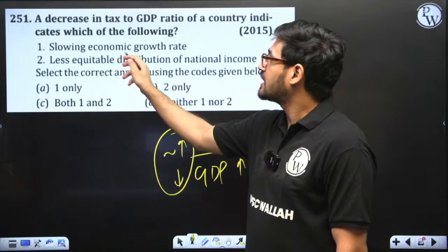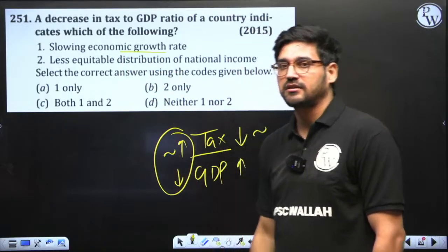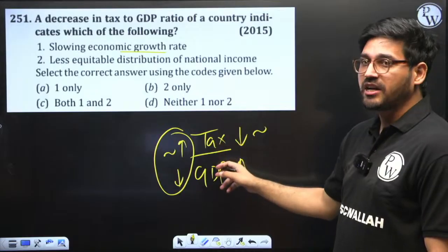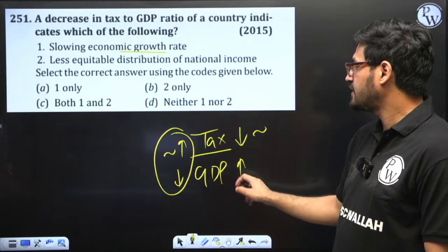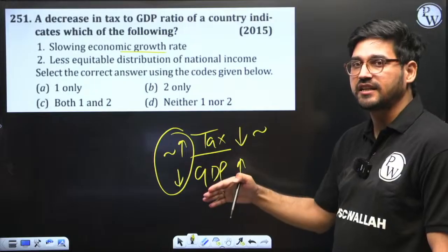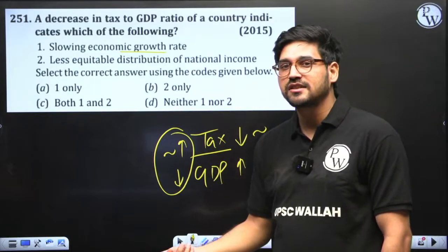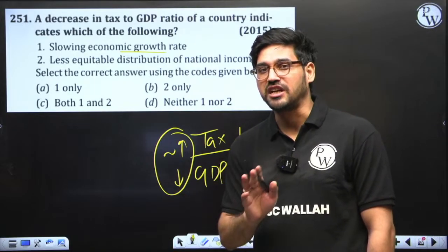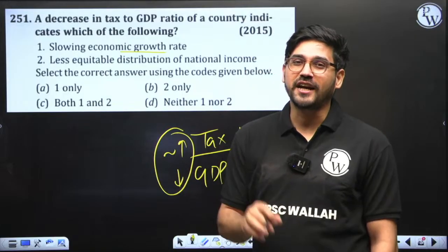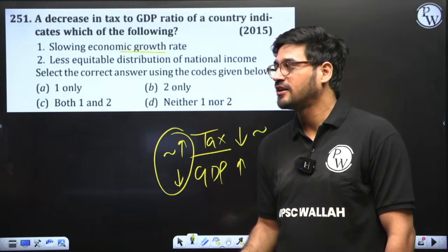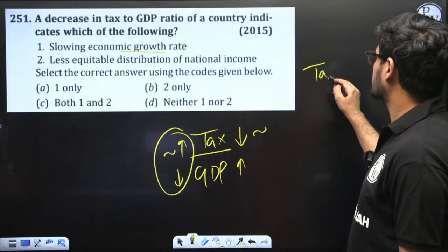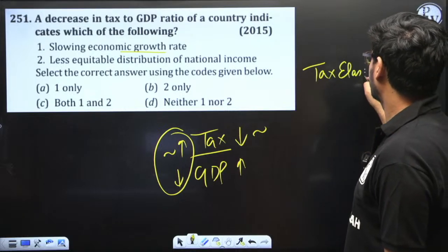Now, does this include slowing economic growth rate? Will there be a tax to GDP decline if the GDP increases while taxes stay the same? Theoretically, yes, but that's not how tax to GDP works. In context of taxes and GDP, you have to understand this thing which is called tax elasticity.